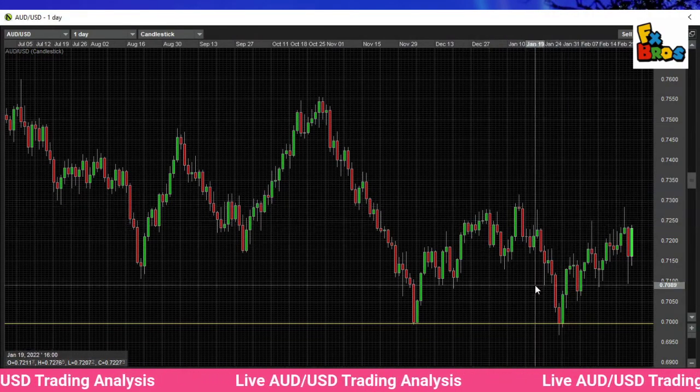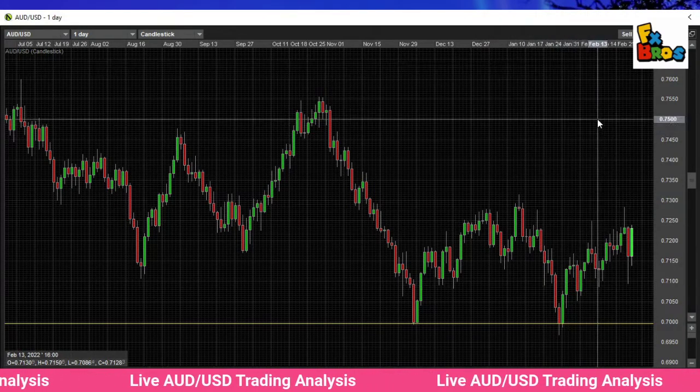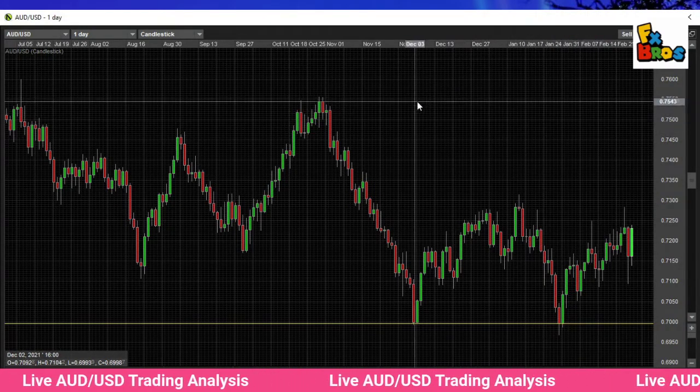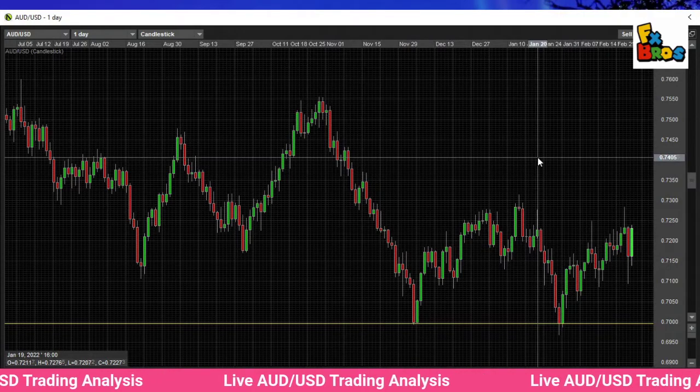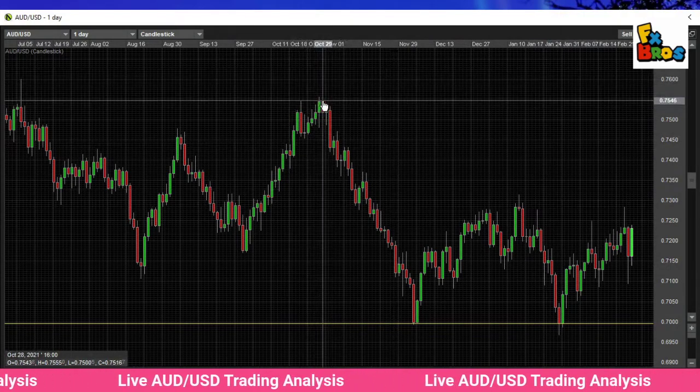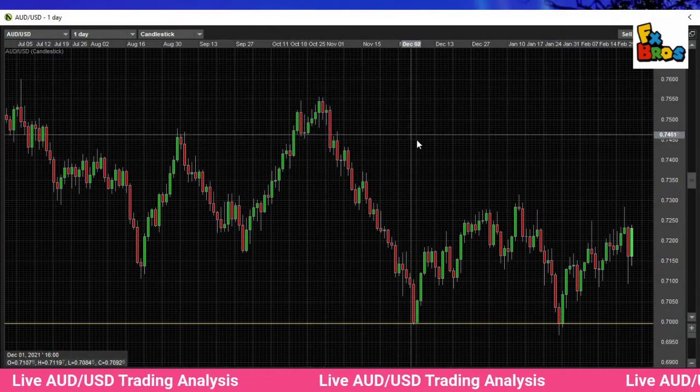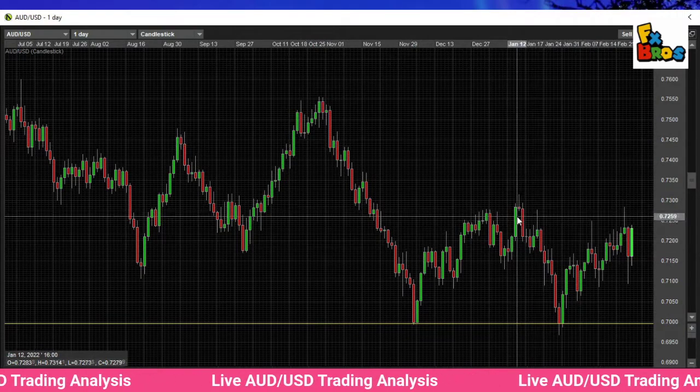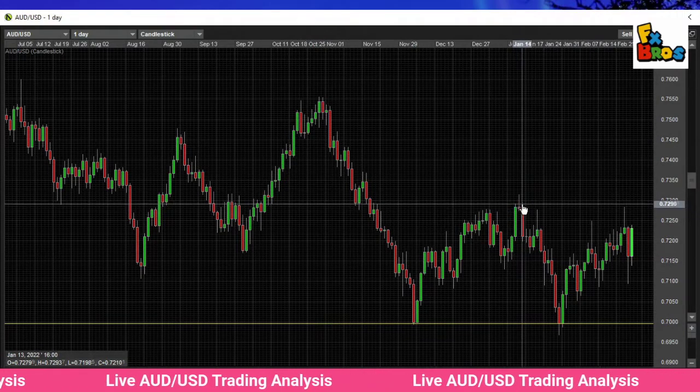So as far as a level of resistance, I could draw this area, but we're not gonna go too far back in history. We're just gonna focus on recent price action.